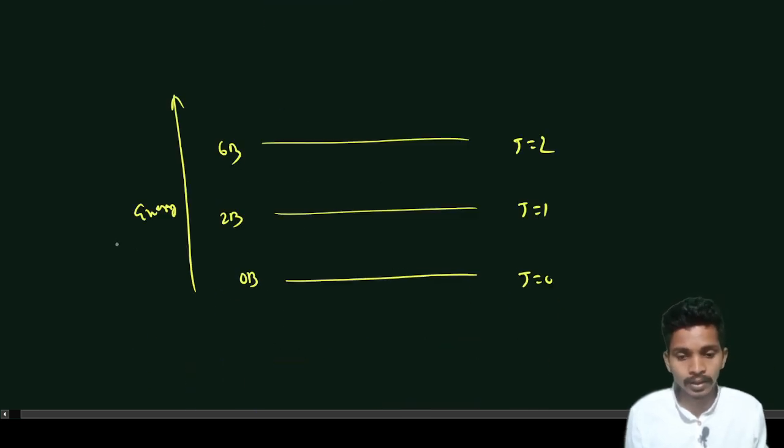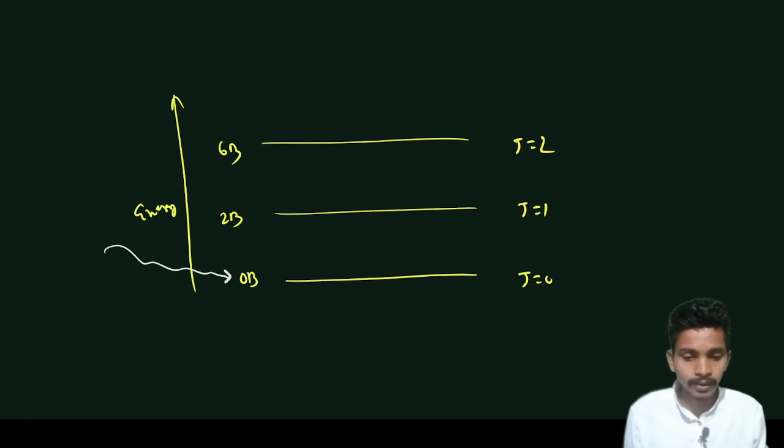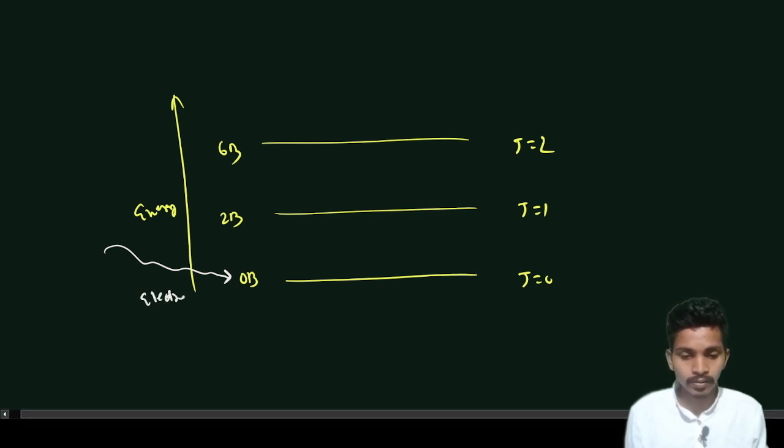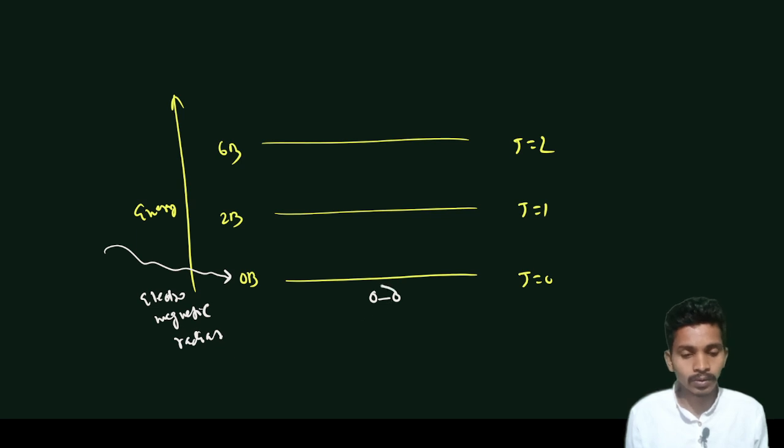We already discussed that whenever you give any spectral lines or electromagnetic radiation to molecules, let's say any O2 molecule that is rotating, it observes the frequency, which means energy, because E equals h nu, where nu is the frequency.